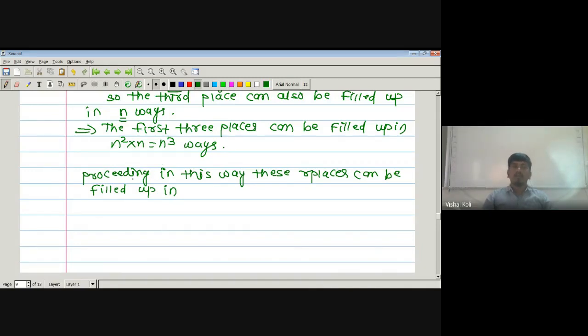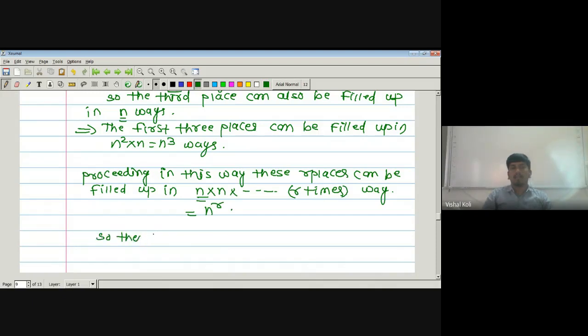So proceeding in this way, the first r places can be filled up in n into n and so on, r times ways. But the product of an integer n, r times, is nothing but n raised to r. So the required number of permutations is equal to n raised to r.